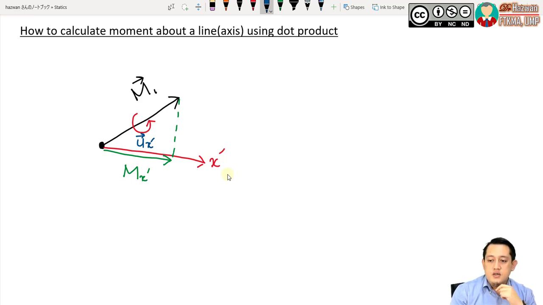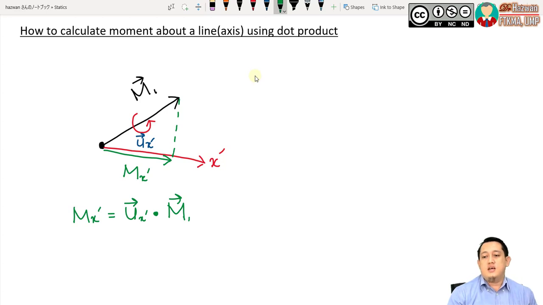So Mx prime is equal to Ux prime dot product with M1. Vector dot product with vector.